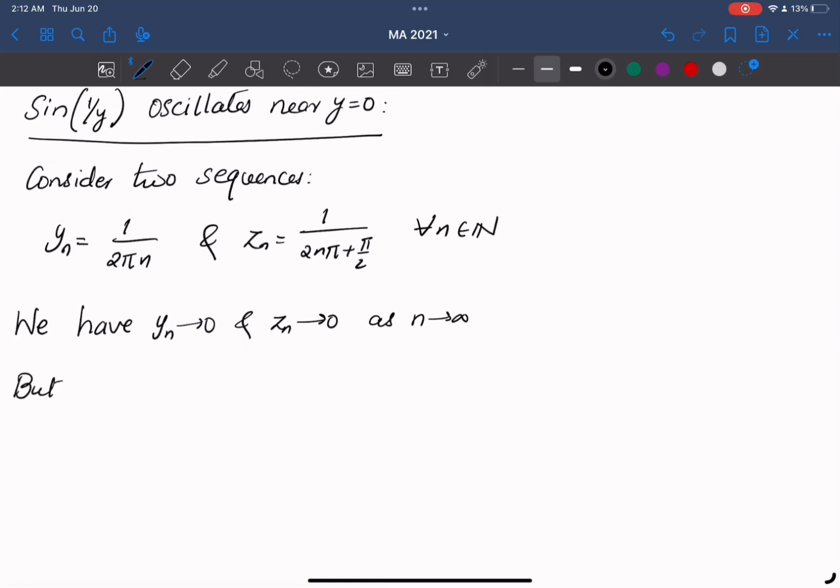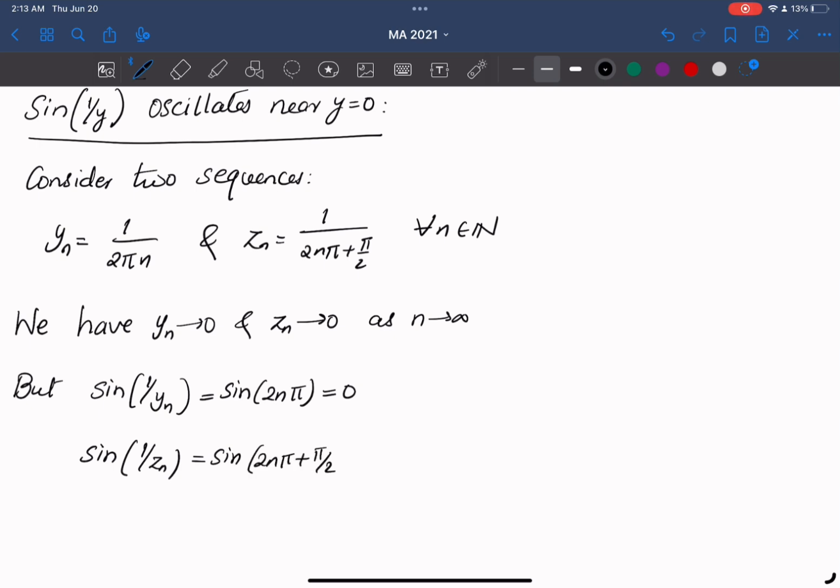So we have y_n tending to 0 and z_n tending to 0 as n tends to infinity. But if we compute the sine function at 1 over y_n, we get sine of 2n pi, which is equal to 0. And similarly, sine 1 over z_n is sine of 2n pi plus pi by 2, which evaluates to sine pi by 2, which is equal to 1.